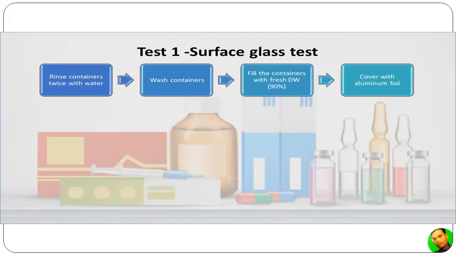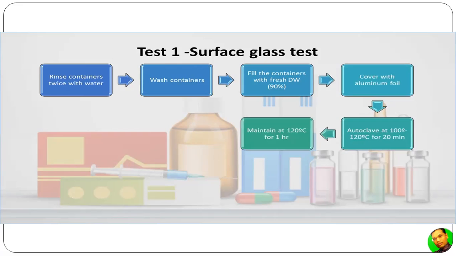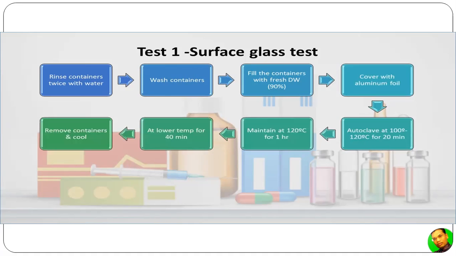We need to cover it with aluminum foil. Then it is subjected to autoclaving from 100 degrees Celsius to 120 degrees Celsius over 20 minutes. It is maintained at 120 degrees Celsius for 1 hour and at a lower temperature for 40 minutes.